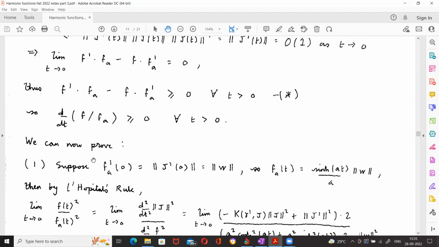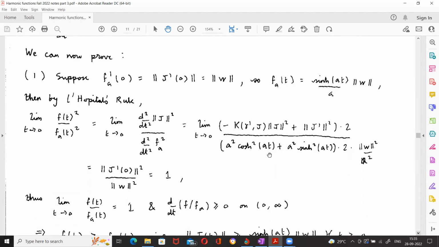And now we can prove the two statements that we had. So first, suppose that fa is chosen such that fa dash 0 is equal to norm j prime 0, which is equal to norm w. So if fa dash 0 is norm w, then from this initial condition we can solve for fa explicitly. So fa of t is sinh at over a, times norm w.